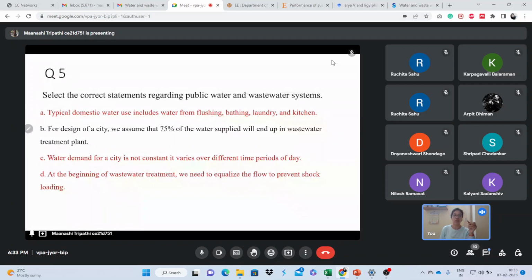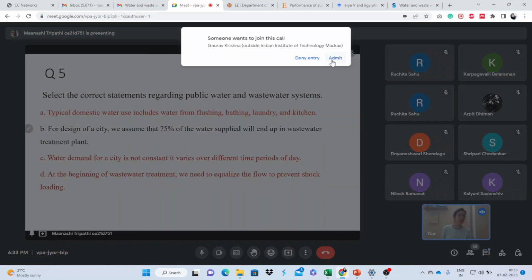In the sense of the CPHEEO manual, it will be 80%. That is correct. But for your understanding, it depends, from very good quality 70% to 90%. Sometimes 90% is also wastewater. This is for your own understanding, but this 80% figure is there. Even when we design in our classes, we use 80% only.